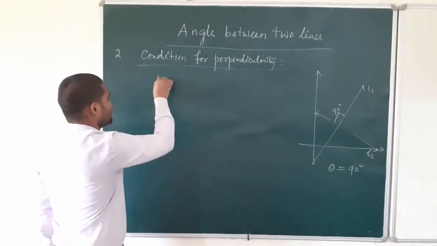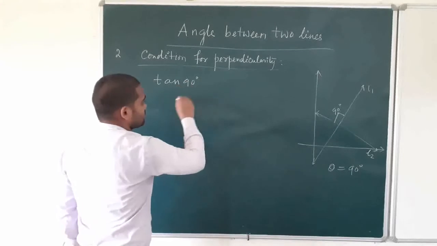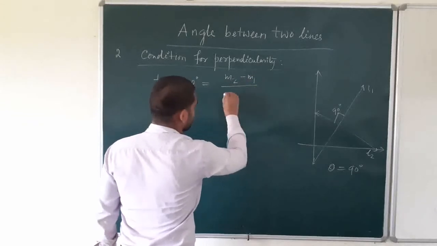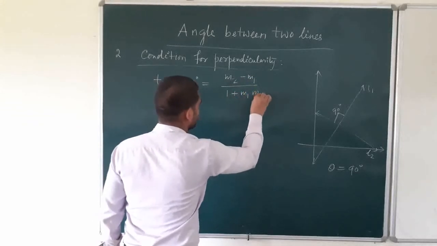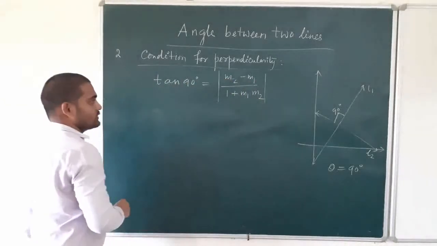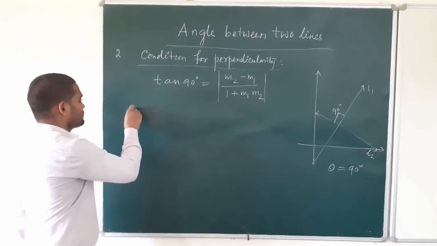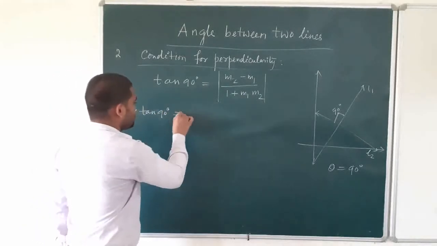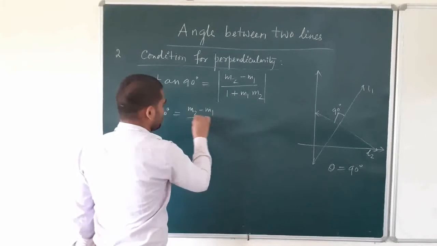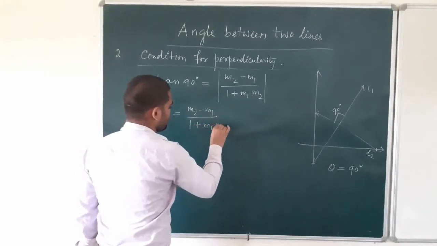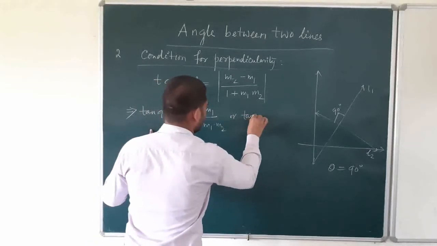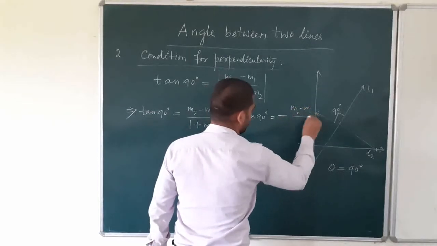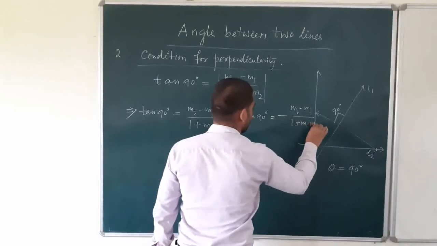So here tan 90 degree is equal to m2 minus m1 by 1 plus m1 into m2, or you may write tan 90 degree is equal to minus of m2 minus m1 by 1 plus m1 into m2.